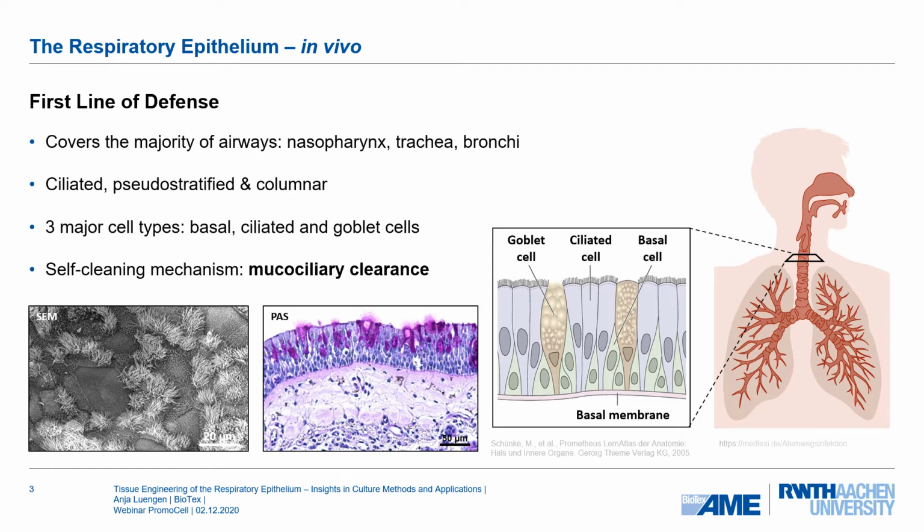It provides a first defense mechanism against pathogens and pollutants. In a periodic acid Schiff reaction, or PAS reaction, the mucus in the goblet cells can be visualized by a pinkish color. The cilia can be found on the epithelial surface using scanning electron microscopy.